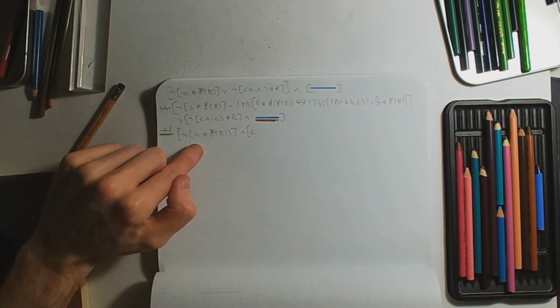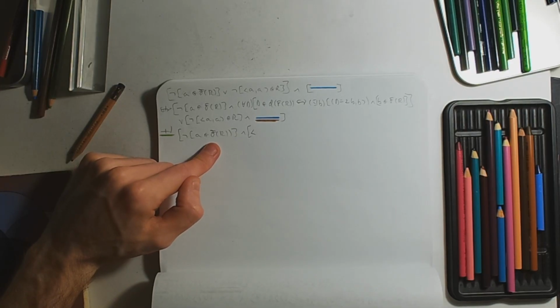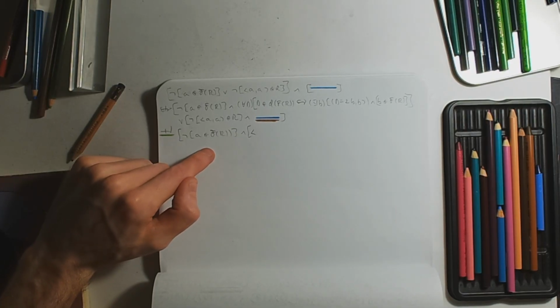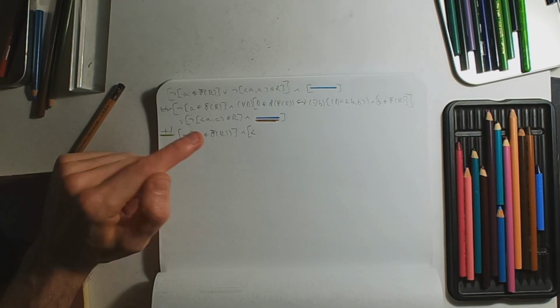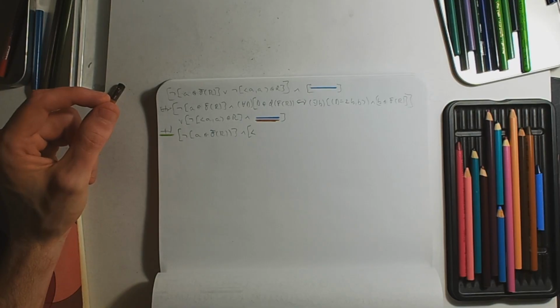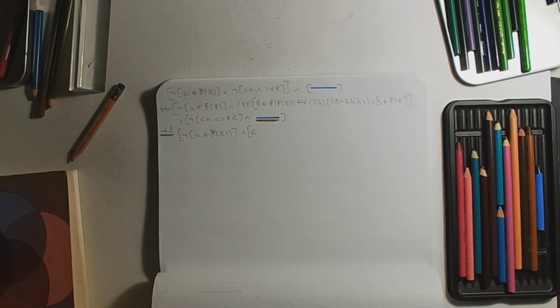So from A as an element of the field of R, we can immediately derive the ordered pair AA as an element of the identity of the field of R. Okay, and then... this is so jumbled.